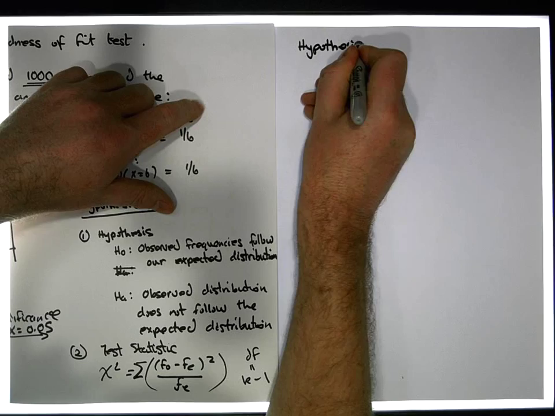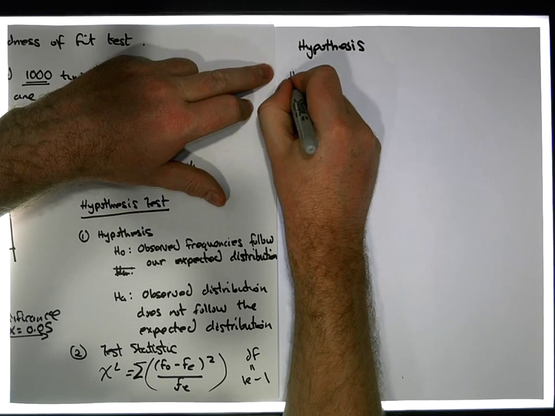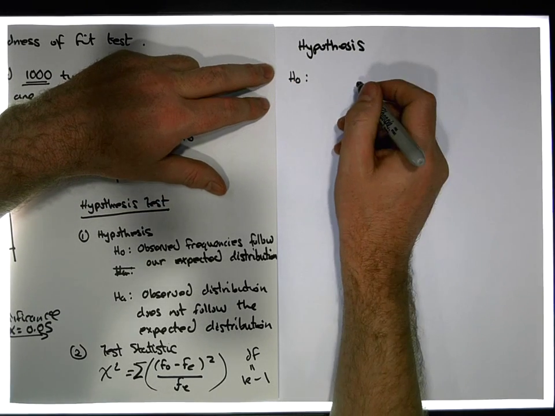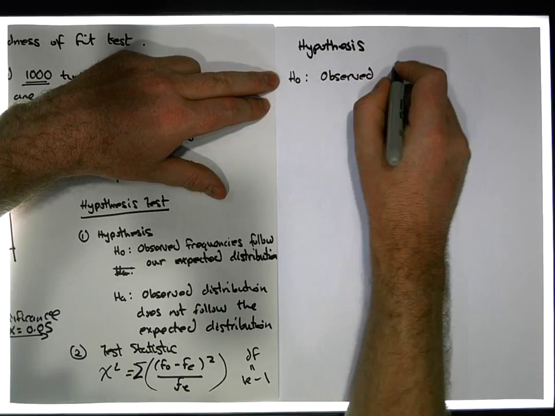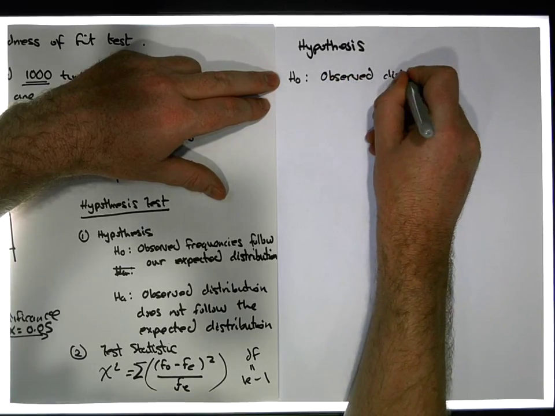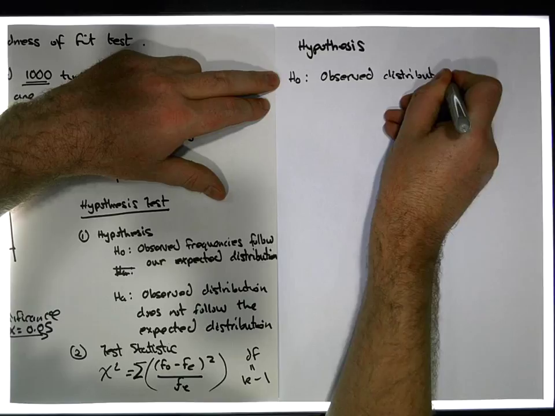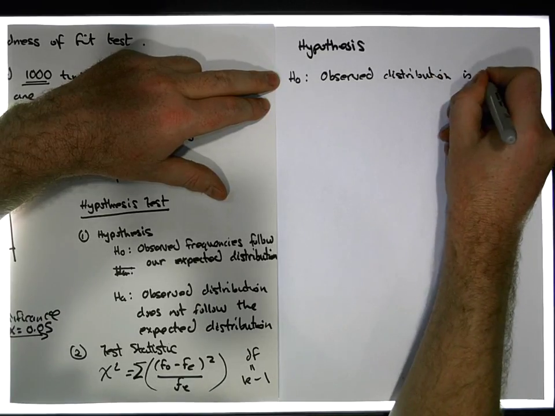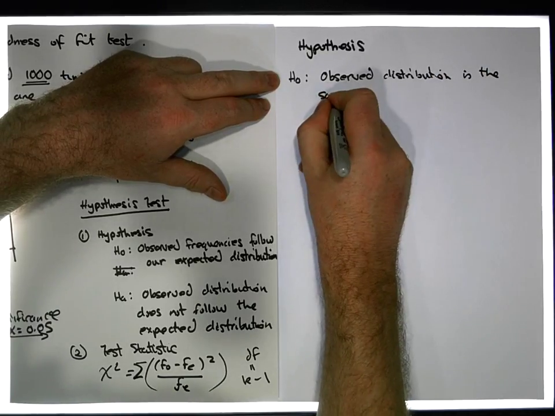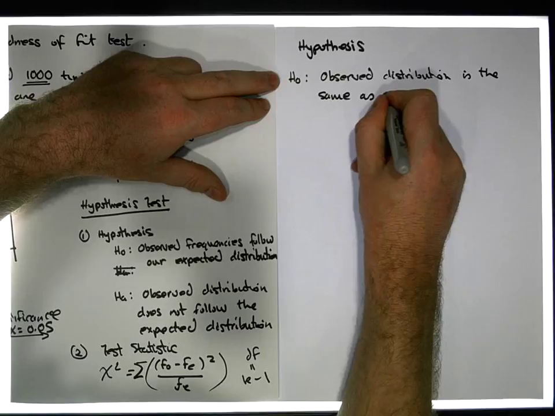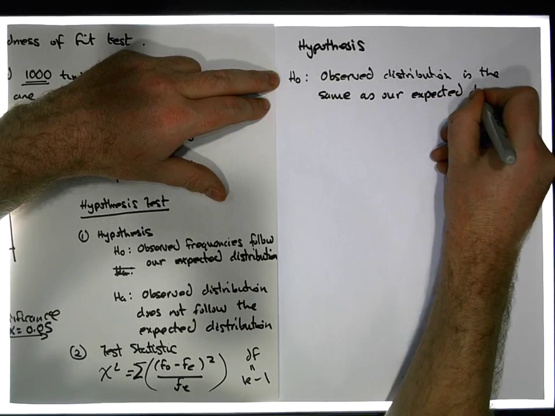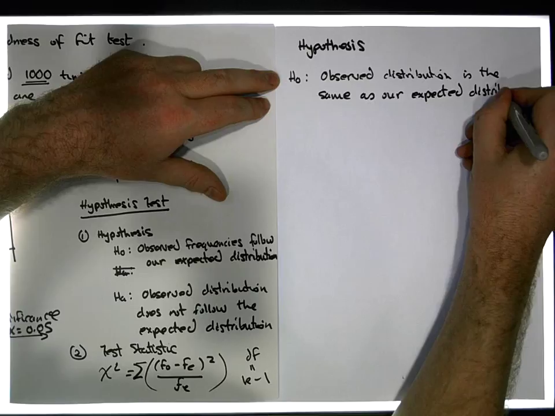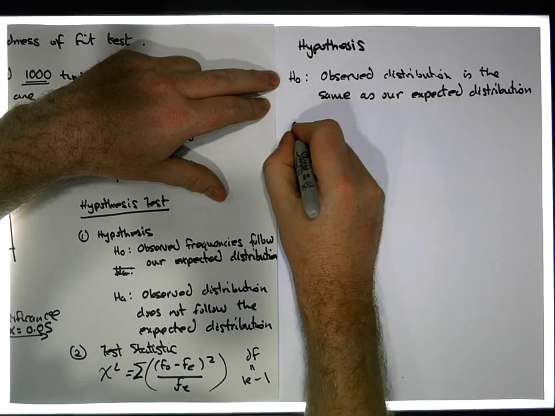Okay, so our hypothesis test, H0 is going to be that the observed distribution is the same as our expected distribution. The alternative is that they're different.